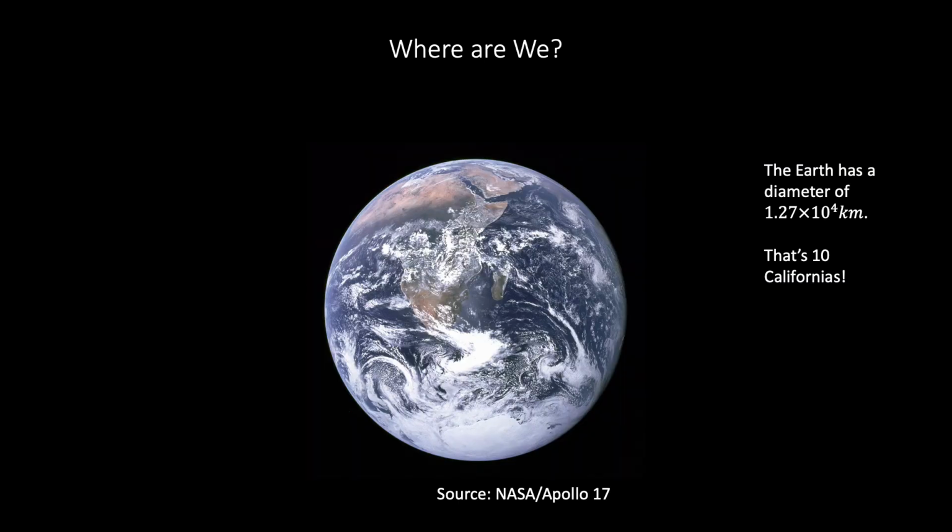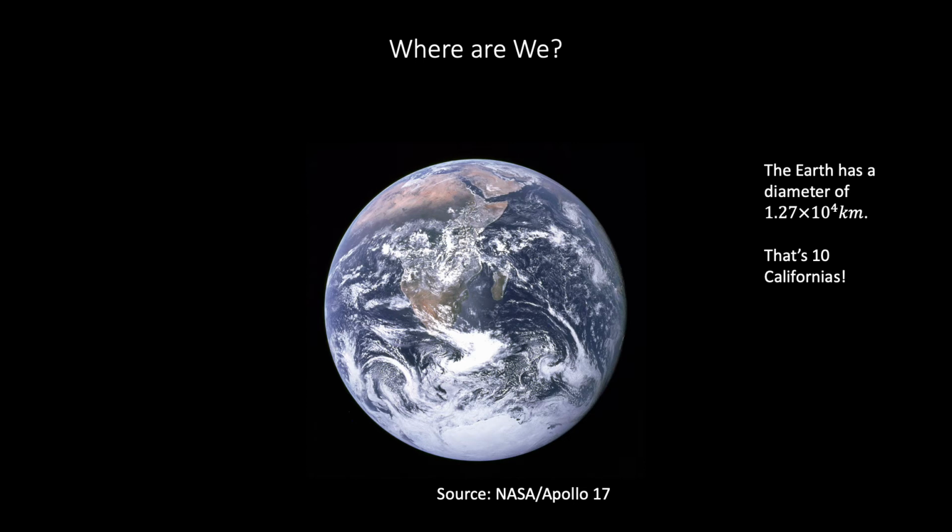So planet Earth has a diameter of 1.27 times 10 to the 4 kilometers. So planet Earth is 12,000 kilometers. California is 1.2 times 10 to the 3 kilometers. It's 1,200 kilometers. So if you took California, turned it sideways, and stacked them end to end, it would take 10 Californias to stretch the length of the diameter of planet Earth.